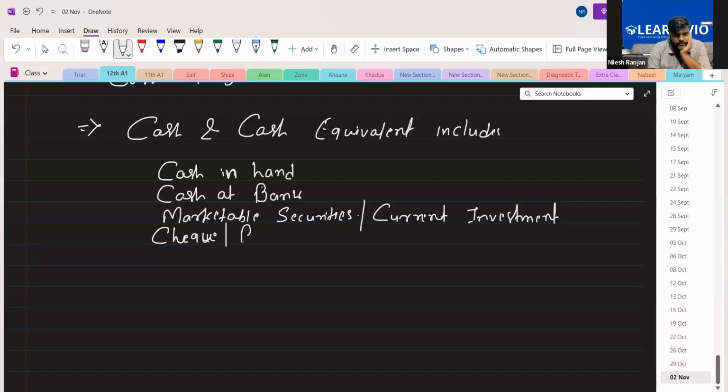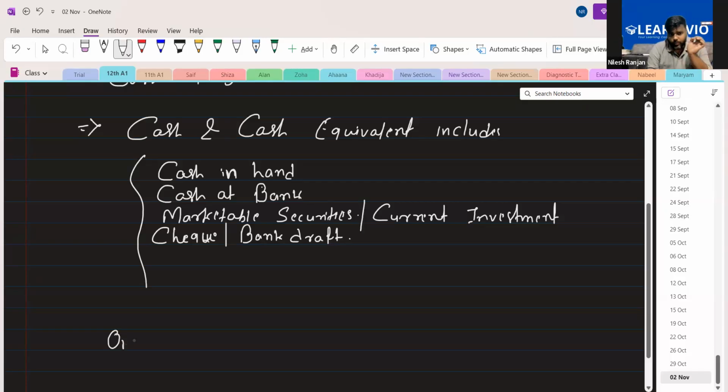Net cash flow generated from operating activities and investing activities, these are not cash and cash equivalent. Investing or financing, those are different things. They are cash inflow or outflow. These are balances.